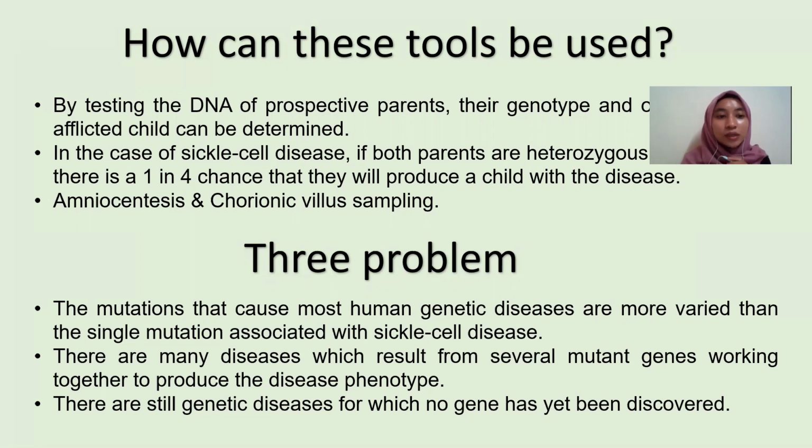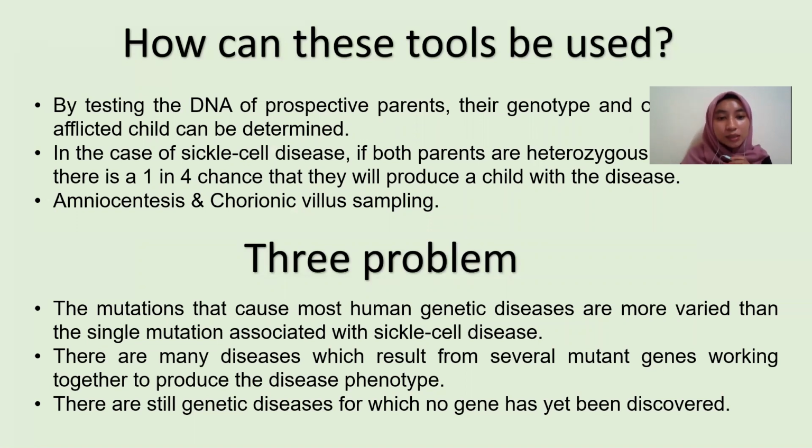By using amniocentesis or chorionic villus sampling, they can choose whether they want to abort the child or bring the afflicted child into the world. There are basically three problems that arise from this technique.